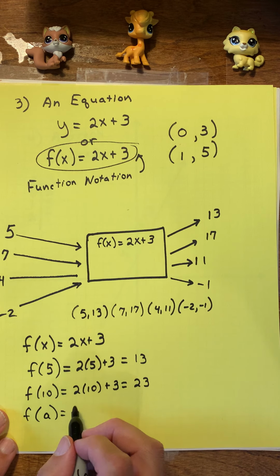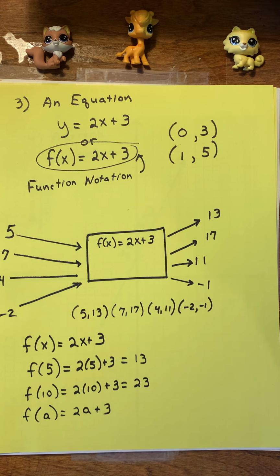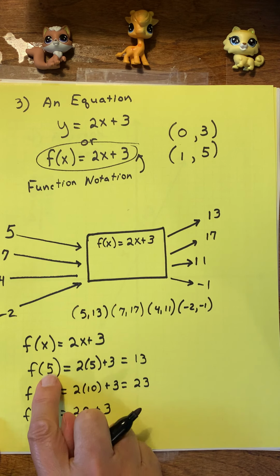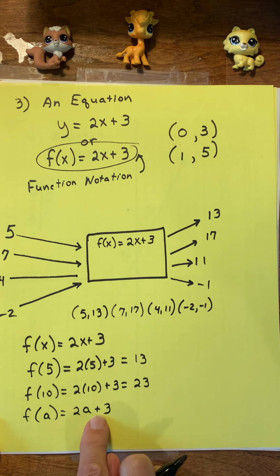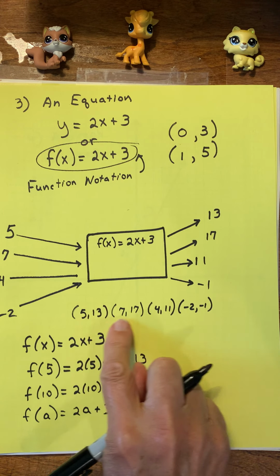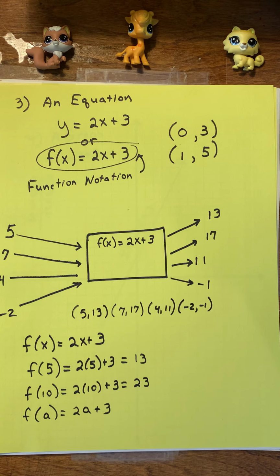I don't know, it's 2 times a plus 3. And that's all I can write, right? 2a plus 3. And again, these are ordered pairs. 5, 13, 10, 23, a, 2a plus 3. Those are all ordered pairs that talk about this particular function, f of x equals 2x plus 3.